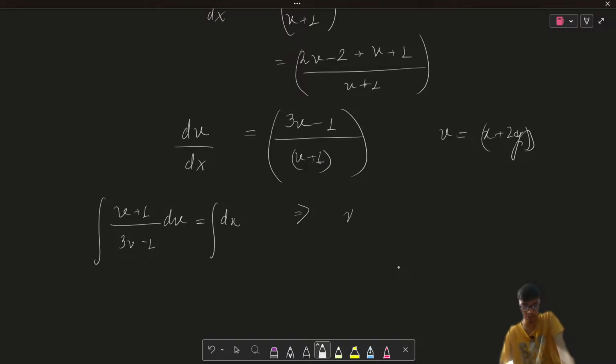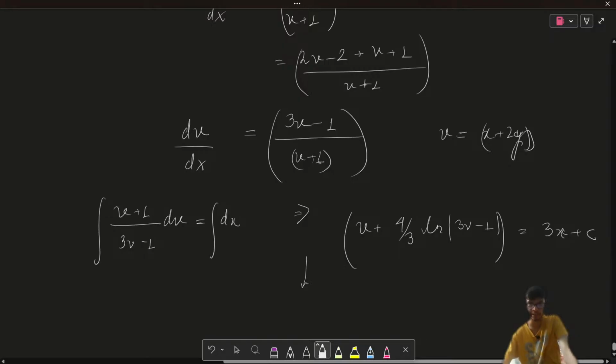This is basically going to equal the general solution in terms of v. First of all, it is going to be v plus 4 by 3 times natural log of (3v minus 1) is equal to 3x plus some constant c.